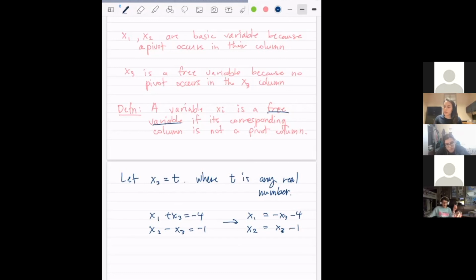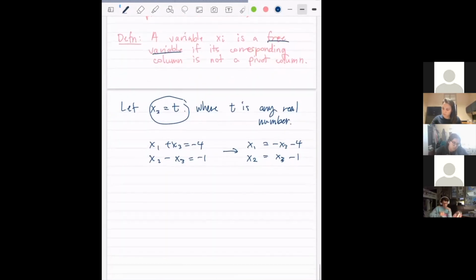And then we're going to replace x3 with t, right? This doesn't really change anything, but just keep in mind that we're sort of letting x3 be any number, and each value of that is going to give us a new solution. So that's our infinitely many solutions.